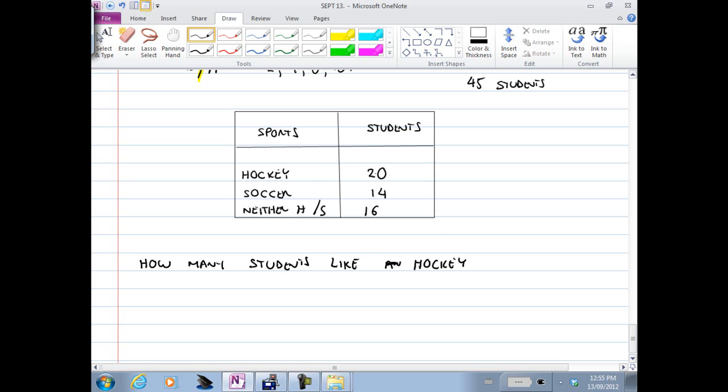Because remember, 20 like hockey, 14 like soccer. But in between hockey and soccer, there are some students that like both, and they count as both in there. Agree? How many students like hockey and soccer?